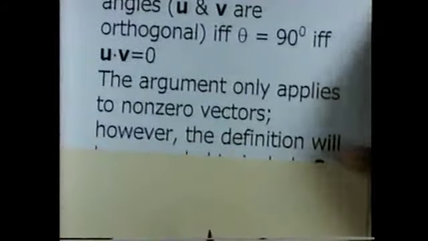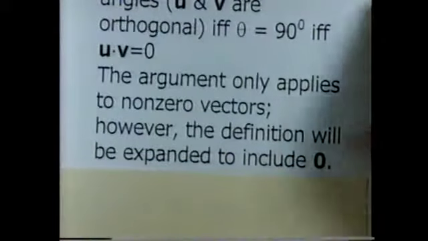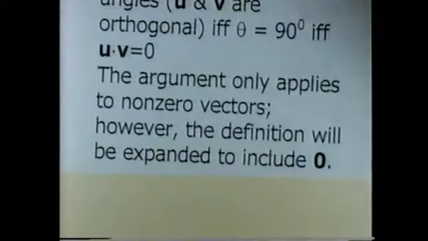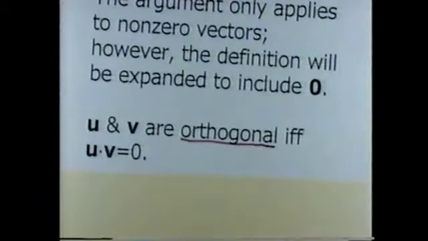But by definition, we will expand the concept to include the zero vector. And I'll define orthogonal for you. u and v are orthogonal if and only if u dot v is 0. So that's how we're going to define orthogonal, if and only if the dot product is 0.